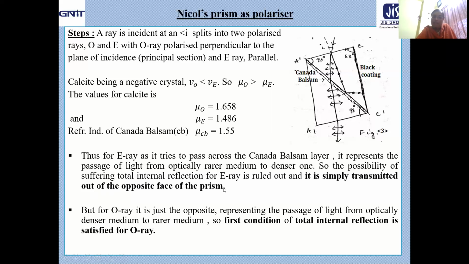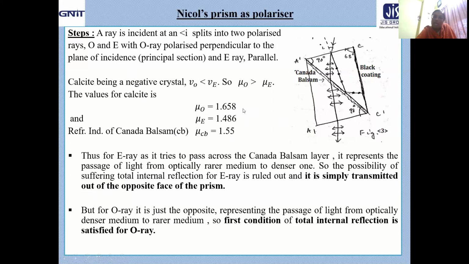Very, very interesting one. For the O ray, just take a look. It is trying to pass from calcite towards the Canada balsam. If you look at the refractive index of the calcite for the O ray, it is more than that for Canada balsam.